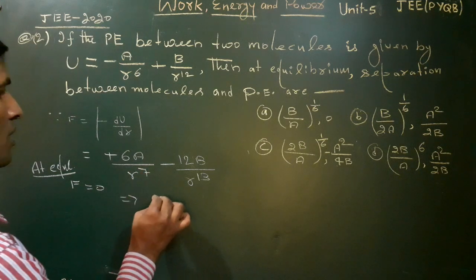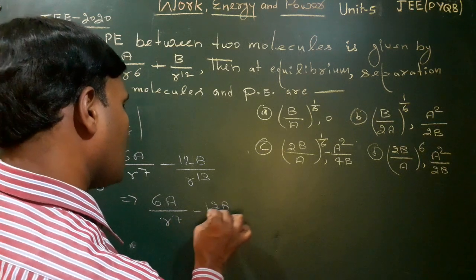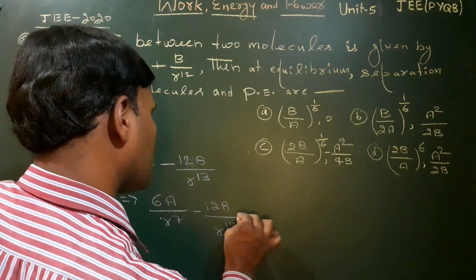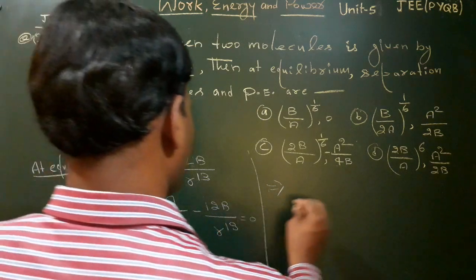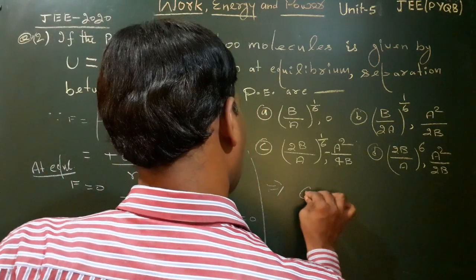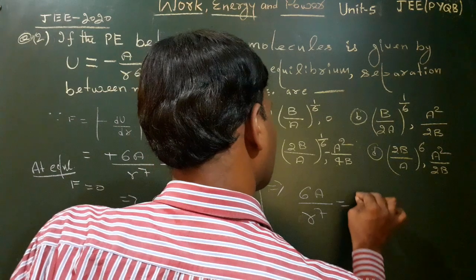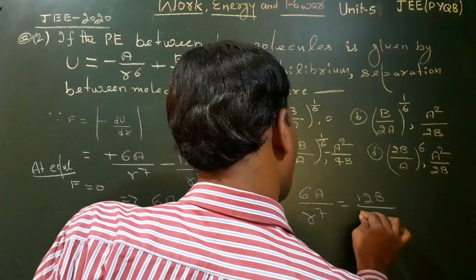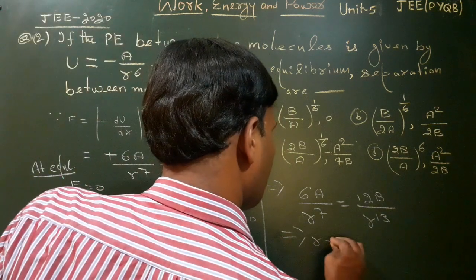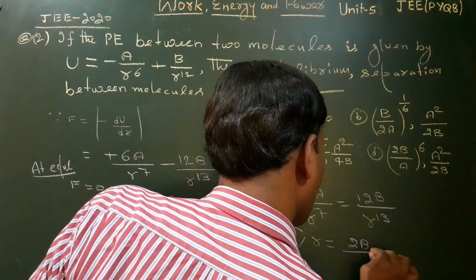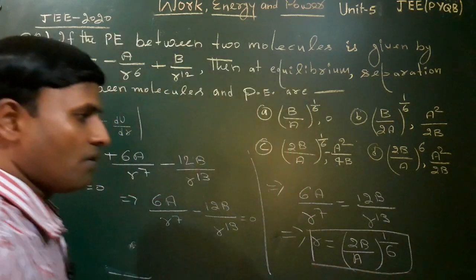So this one, 6A by R7 minus 12B by R13 equals 0, and that implies we can write 6A by R7 must be equal to 12B by R13, and that implies we can find R must be equal to (2B by A) to the power 1 upon 6. So this is the value of R.